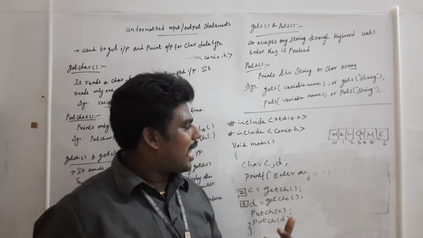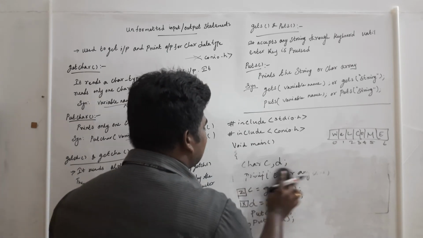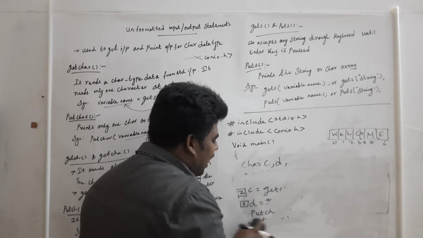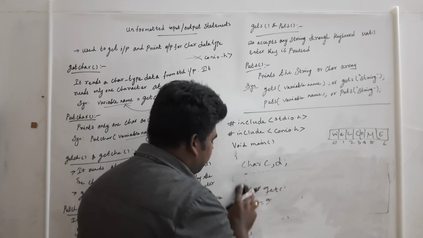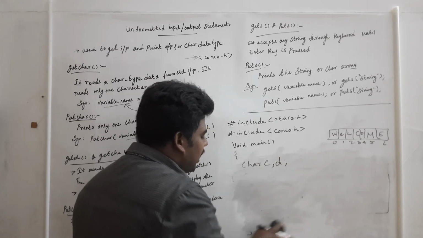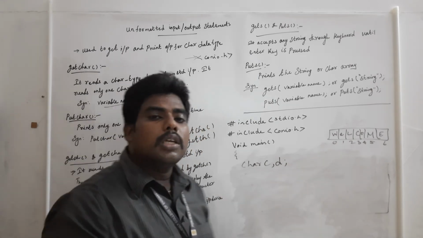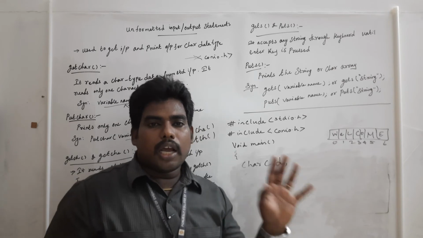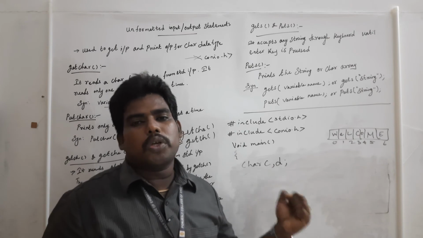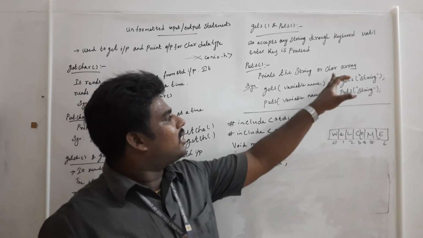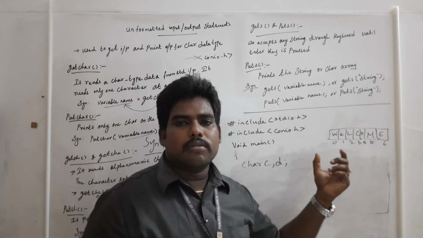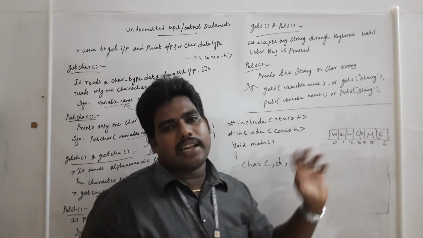Why I am saying it's a character array: array is nothing but a collection of a similar data type, a collection of any one data type. So here character is the data type. There is no special data type for string. If you want to declare a string, you have to use the character data type. That's the reason we say it's a character array. See, these are a character collection. Array means collection. So it's a character array.